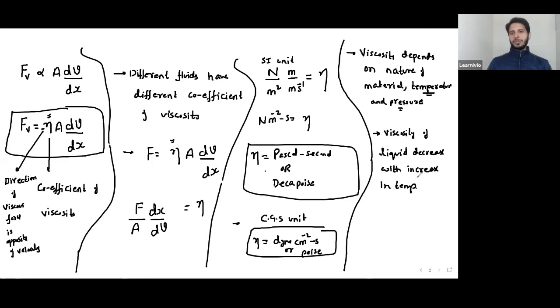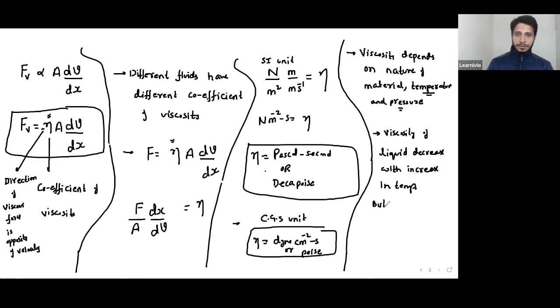So when you increase temperature, the viscosity of liquid will decrease. If you keep on increasing the temperature, viscosity keeps on decreasing. The reason is very simple. When you increase temperature, the intermolecular forces decrease, and viscosity is due to intermolecular forces. Once the intermolecular force decreases, the viscosity decreases.